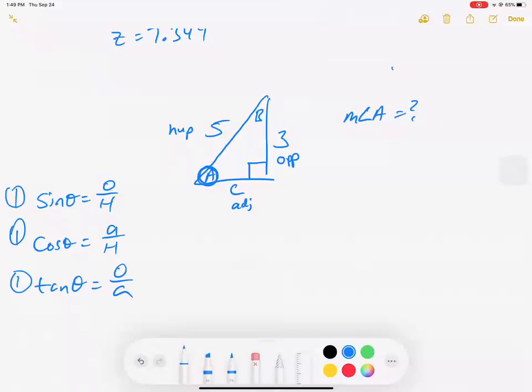From A, which sides do we know for sure? I know my opposite must be 3, and my hypotenuse must be 5. Hey, opposite hypotenuse, that's sine.